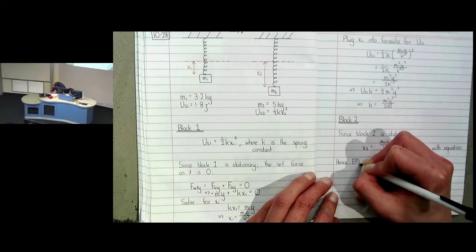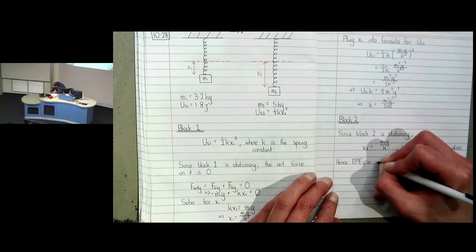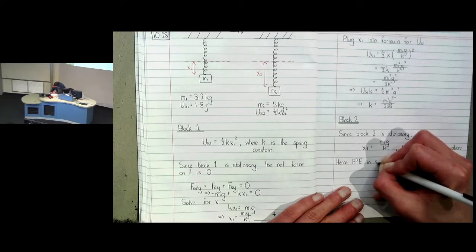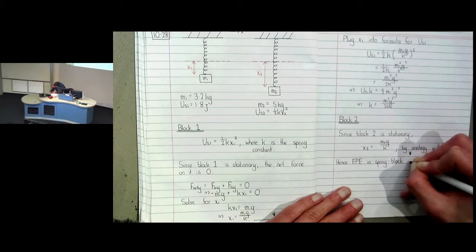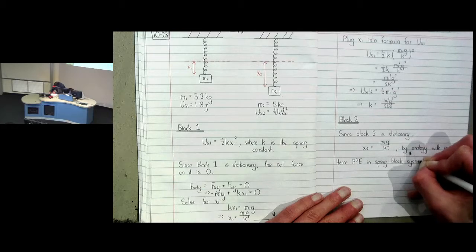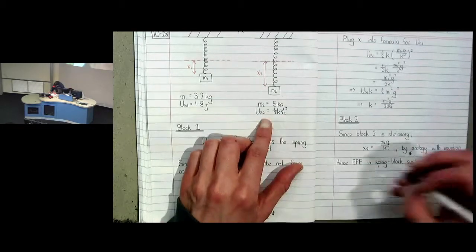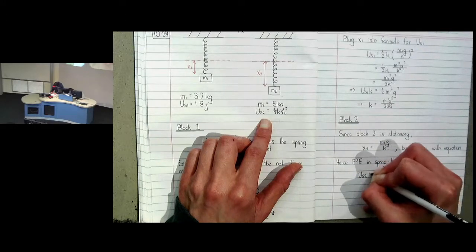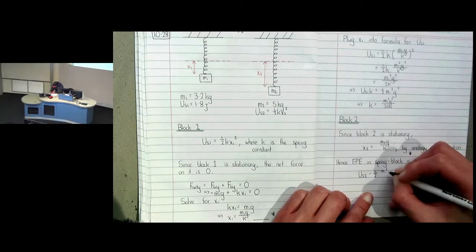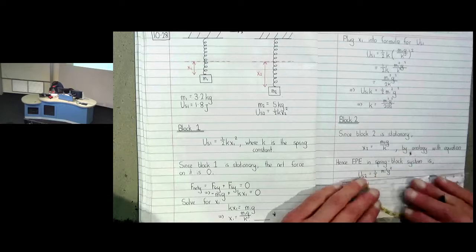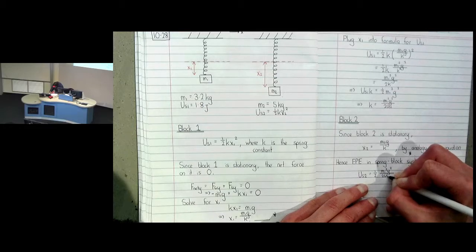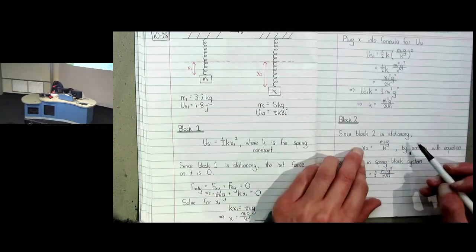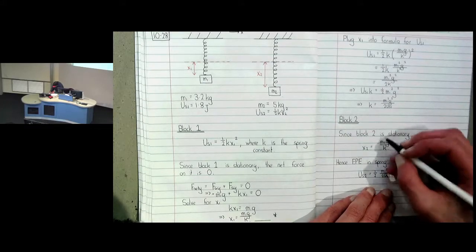So we can say finally, hence, the EPE in the spring block system is US2, which is equal to a half times K, which is this monster over here, M1 squared times G squared divided by 2 US1, and then multiplied by x2 squared, which is this thing.